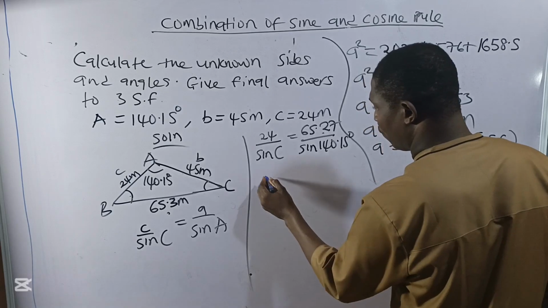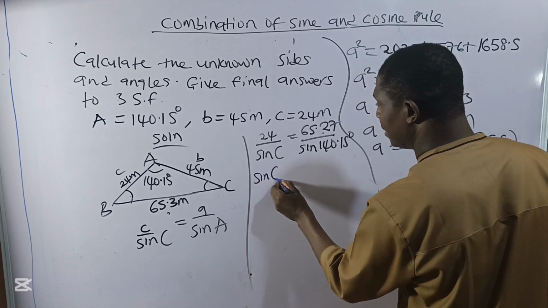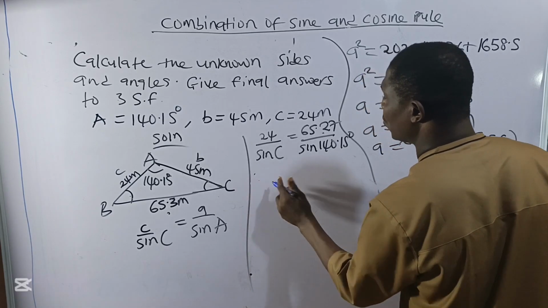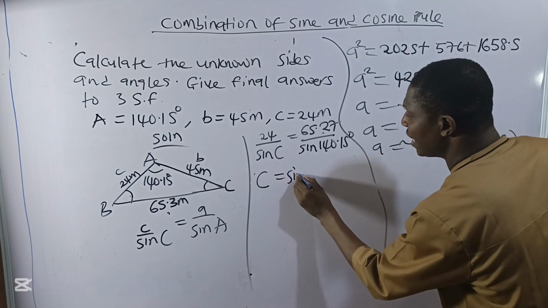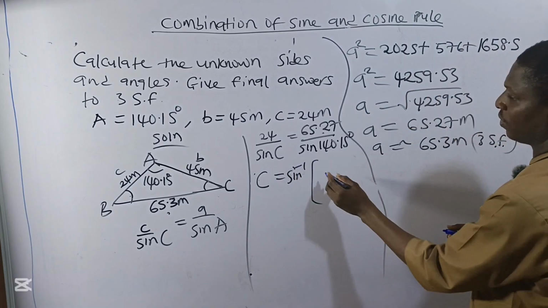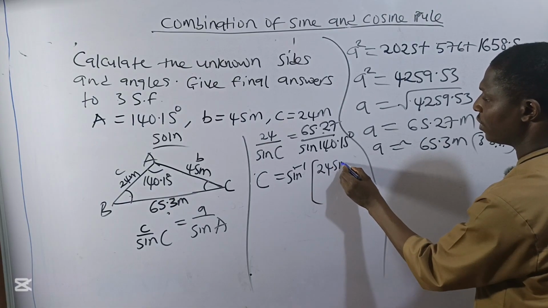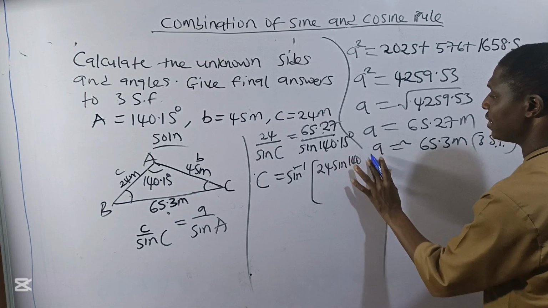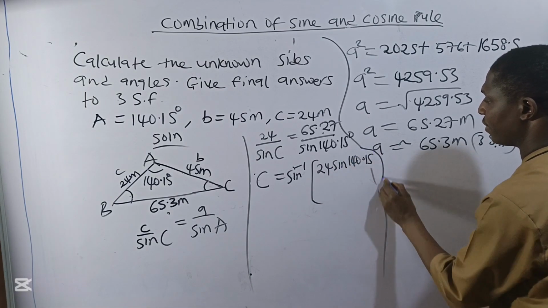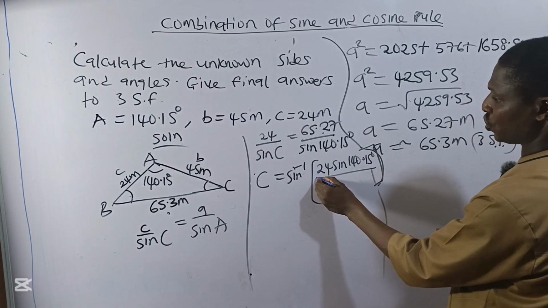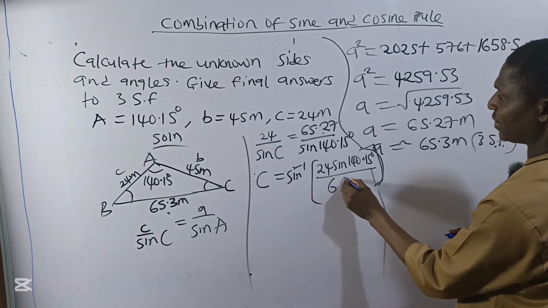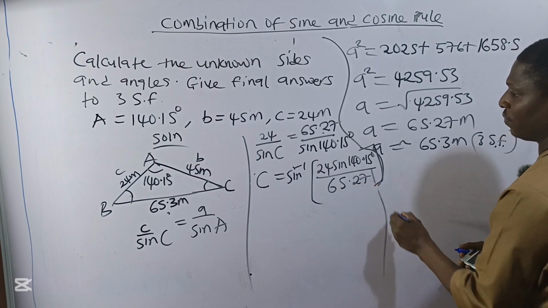To make sine C the subject of the formula, I'll have C equals sine inverse of 24 sine 140.15 degrees all over 65.27.